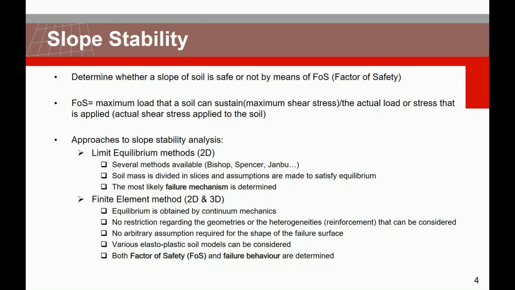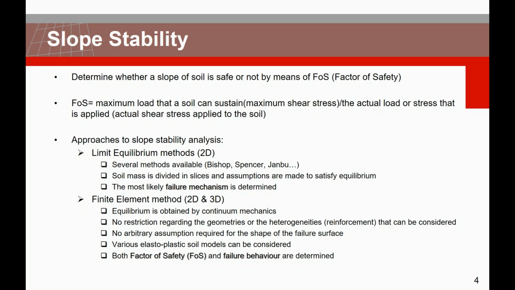For the finite element method, 2D and 3D cases are considered, so it doesn't matter. The equilibrium is obtained by continuum mechanics. There's no restriction regarding the geometries or the heterogeneities that can be considered. You don't need to make arbitrary assumptions for the shape of the failure surface.